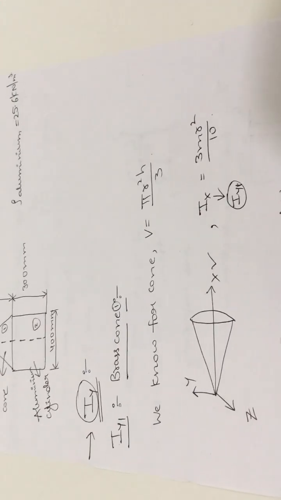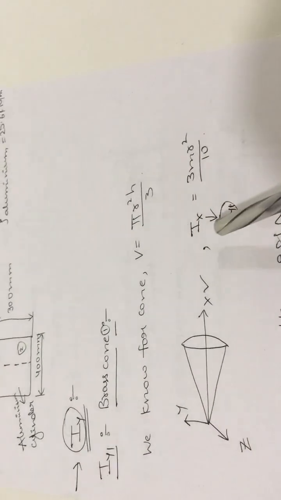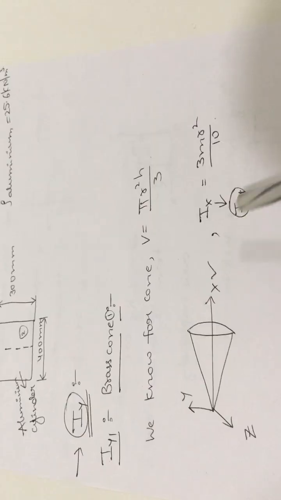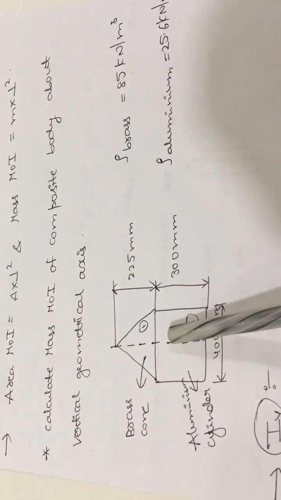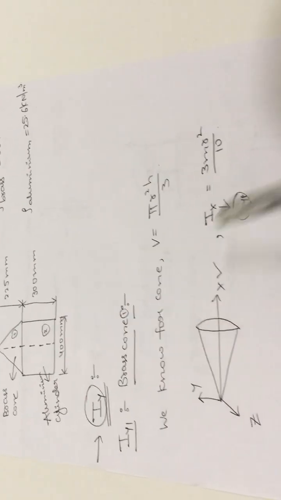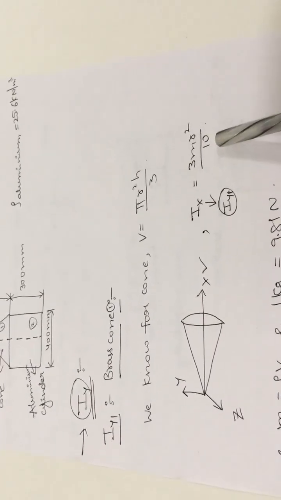Here Ix of the default diagram is Iy in our problem. So the Ix formula is the Iy formula for the brass cone, first section. So Iy1 is equal to 3m r square by 10.